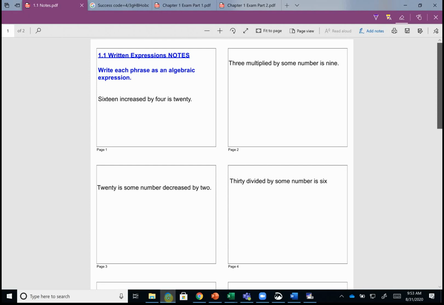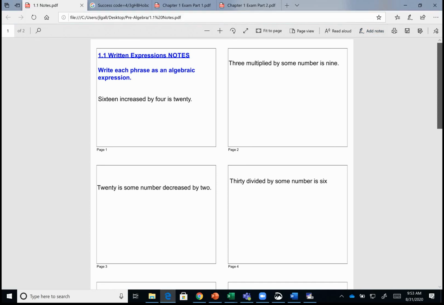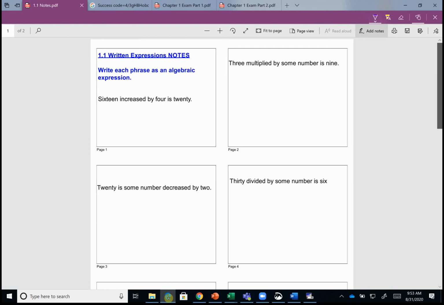We come across the number 16 increased by. If you need to check your foldable, please check. We'll see that increase is in the addition column.